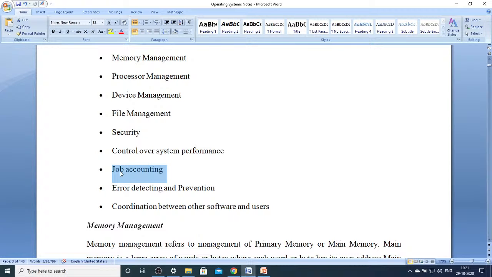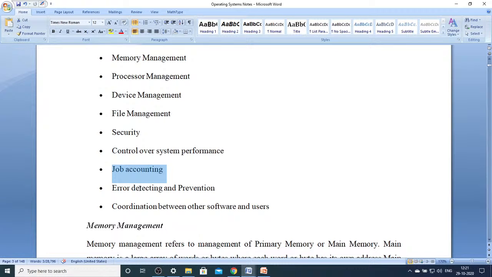So which resource is in demand and for how long, which process uses how many resources, and which user spends how much time in execution. All that accounting information should be maintained by the operating system in order to understand the demand for the resources that are more in demand.